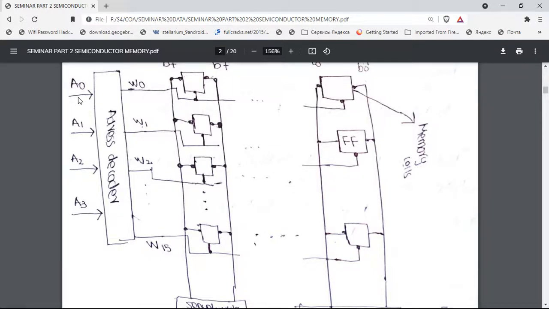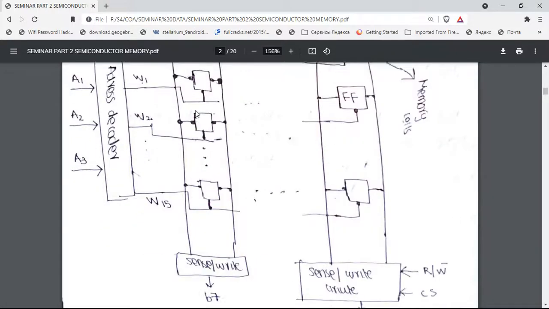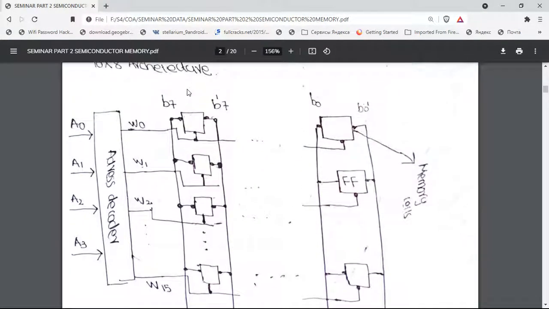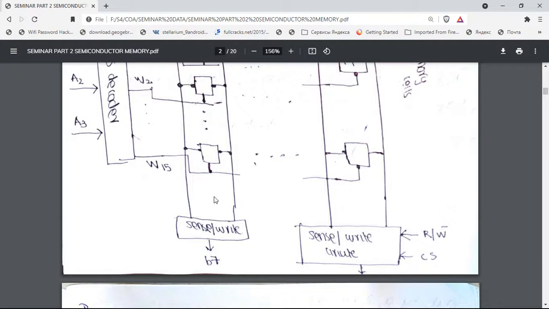The address decoder will decode which line should be activated, corresponding to the binary information available on the lines A0 to A3, and with that that word is activated. Activated means acknowledged, and reading or writing information is done by the sense or write circuit.